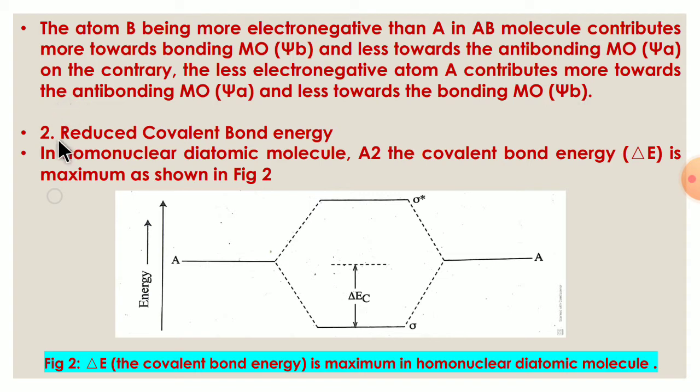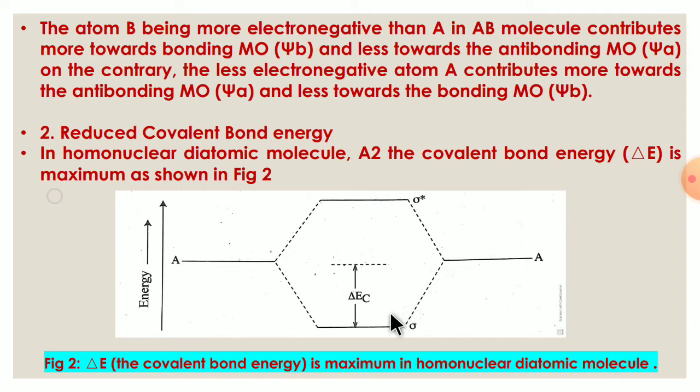So the second point is reduced covalent bond energy. In homonuclear diatomic molecule A2, the covalent bond energy, that means delta E, is maximum as shown in figure 2. In this figure, two identical atoms, atom A first and atom A second, having similar energy, lie at the same energy level.